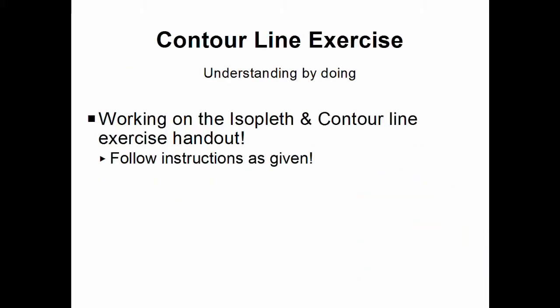In order for you to understand contour lines, it is best to do some exercises from your lab. So take out your lab, and we're going to work on the isoplex and contour line exercises that are in your lab manual. Follow the instructions given, and you may pause the video every now and then to complete the exercise.